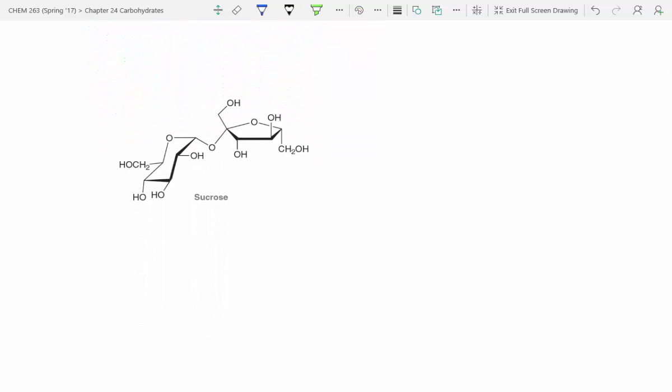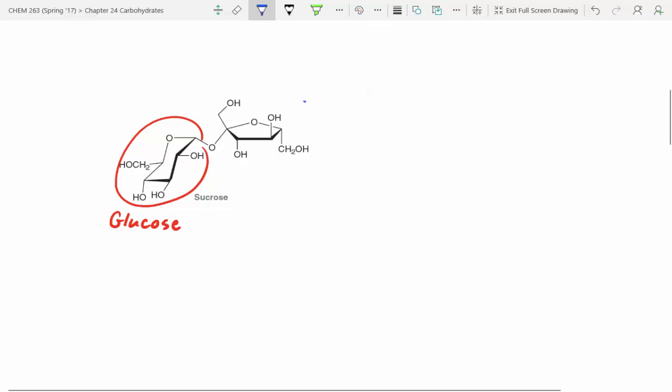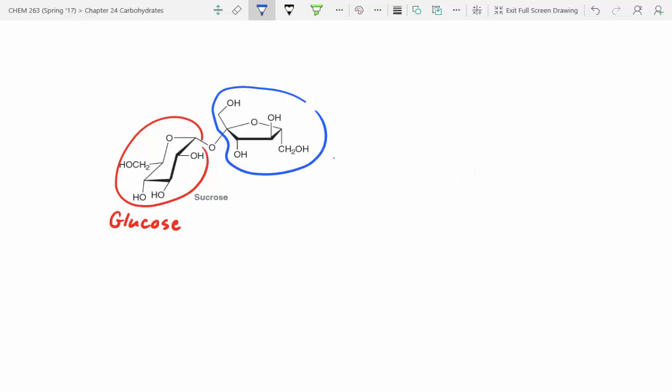Sucrose. This is table sugar, essentially. So if you buy a bag of sugar in the store, this is what you get. Over here, we've got a glucose monomer. And over here, we have a fructose monomer. All right, if we look at the linkage now, it's a little bit harder to see because it's drawn in kind of a funny way.